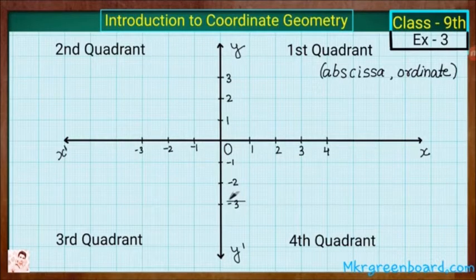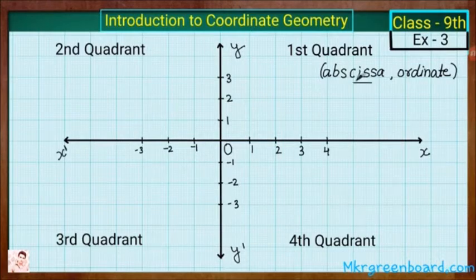The x and y axes divide the plane into 4 parts: the first quadrant, second quadrant, third quadrant and fourth quadrant.